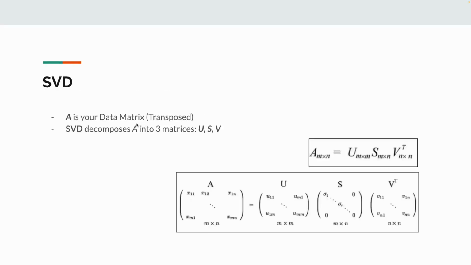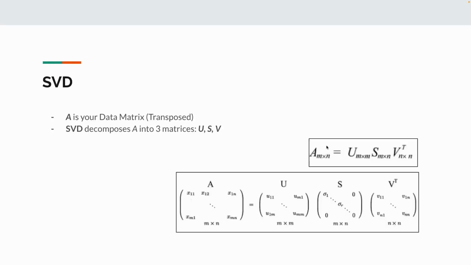But here we transform the data, so your rows are your features and columns are your data items, okay? If we have A in this form, M is your number of features and N is the number of data points, okay?